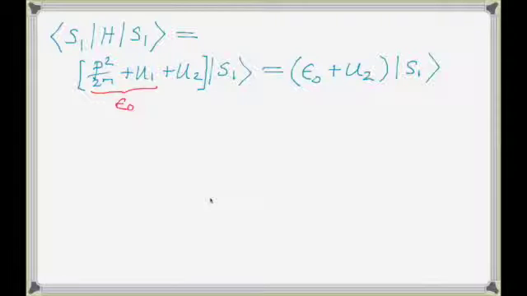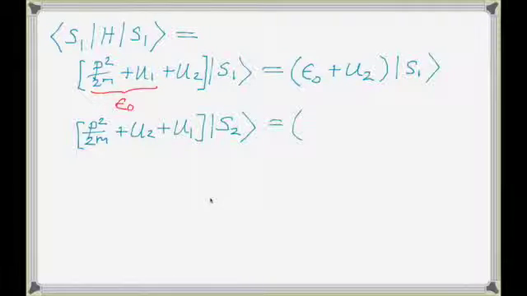And let's do the same thing for S2. Again, the full Hamiltonian, p squared over 2m, let me just reverse the order of u1 and u2, plus u2 plus u1, hitting S2.